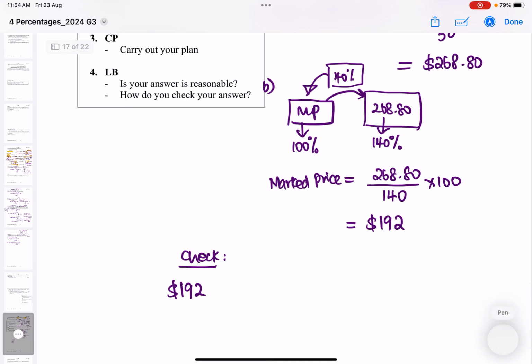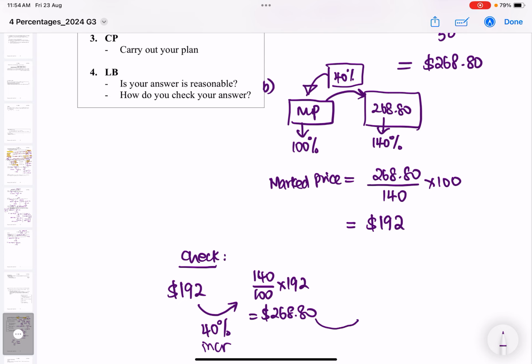After a 40% increase, I'm going to calculate 140% of 192. So when I press this in my calculator, I should get 268.80. Okay. Then there was a 50% discount, which means I need to minus off 50% from here, which means it will become 50% of 268.80.